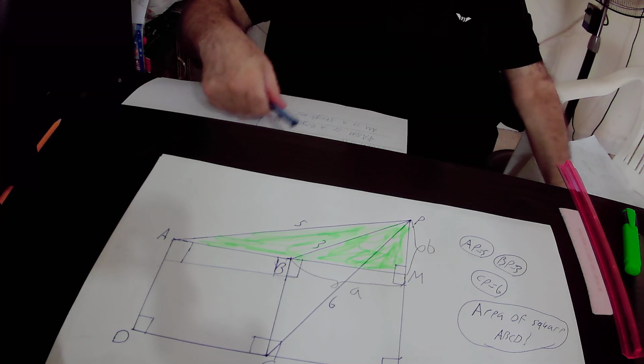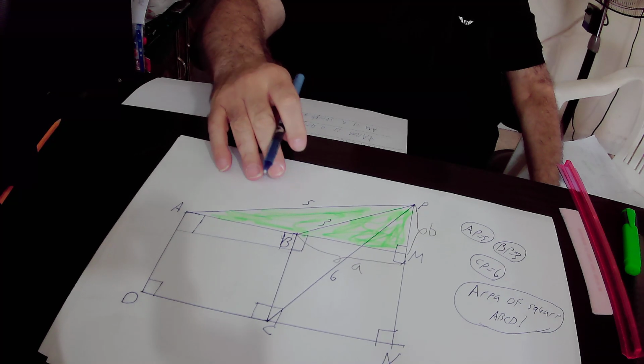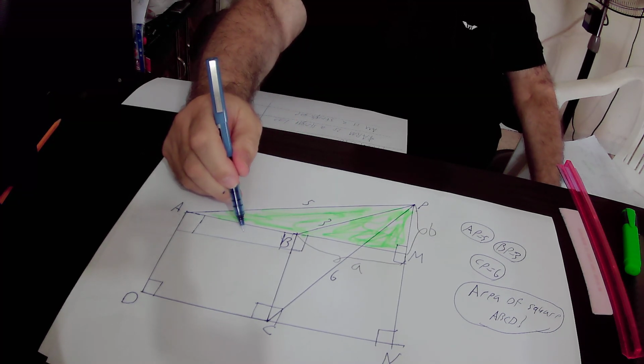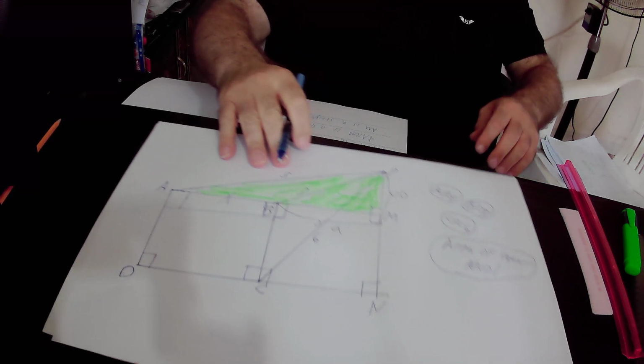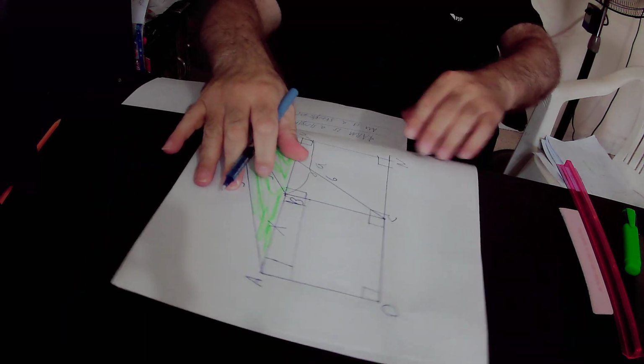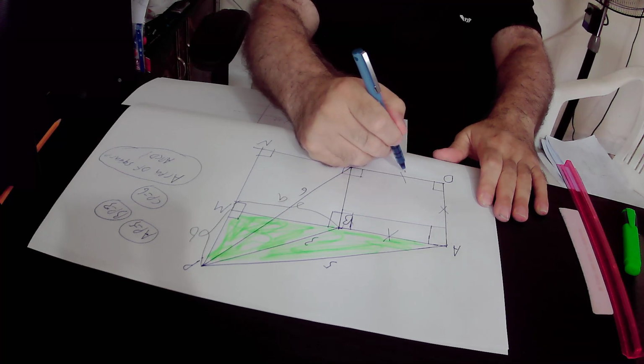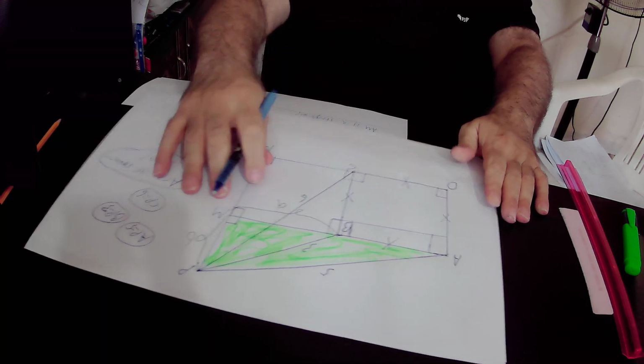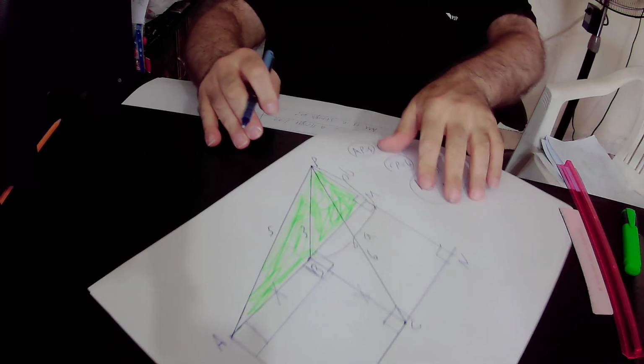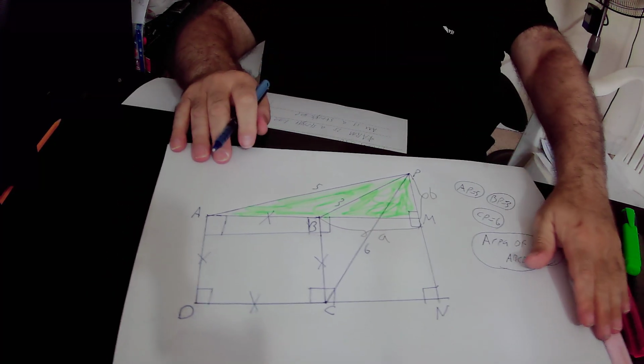Here we define the side length of square ABCD as x. Therefore all of its sides will be equal to x in their lengths, of course. So what is the length of side AM?